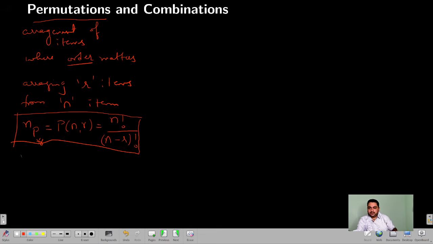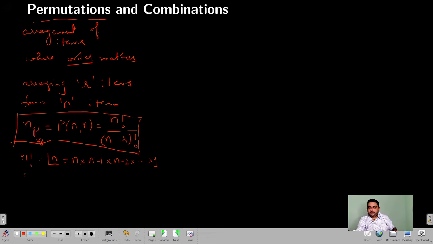Now let us understand what this n factorial is. The n factorial is also written in some textbooks like this. Both are the same, the exclamation mark or the factorial symbol. It is given as n into n minus 1 into n minus 2, till you go up to 1. This is how we calculate the factorial of n.